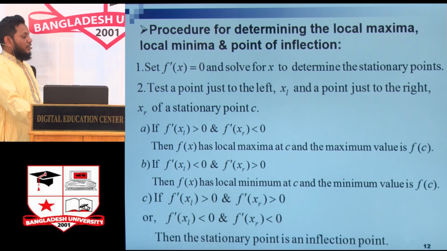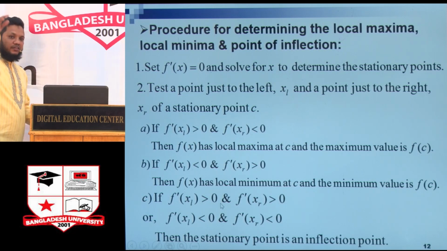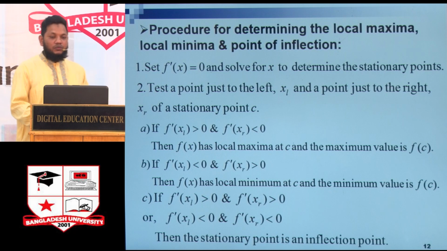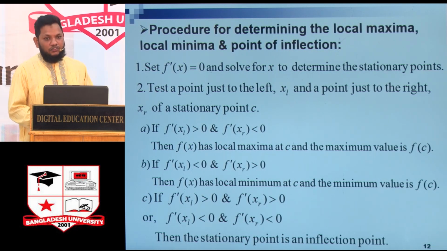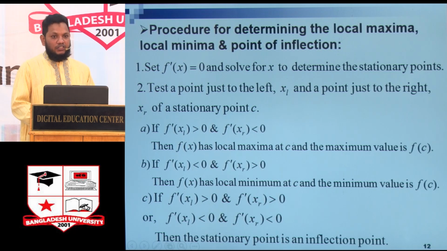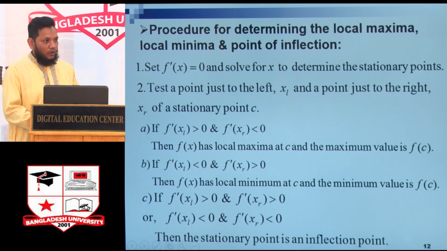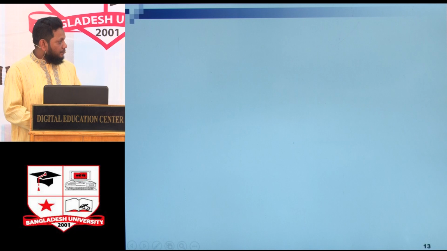And if we get f prime x greater than 0, increasing, and again increasing, or decreasing and again decreasing, the function at the point C has a point of inflection. It has neither a maximum value nor a minimum value here.